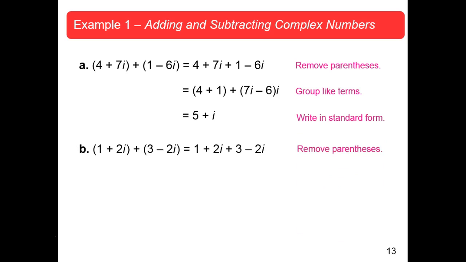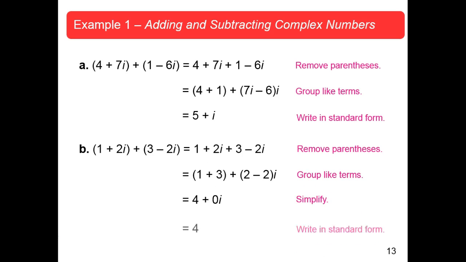How about this one? 4. Okay? You add two complex numbers together, you may wind up with just a real number, or you may wind up with just a pure imaginary number. Okay? All right. Don't sweat this. You're not going to be tested on it, but just get to know it.